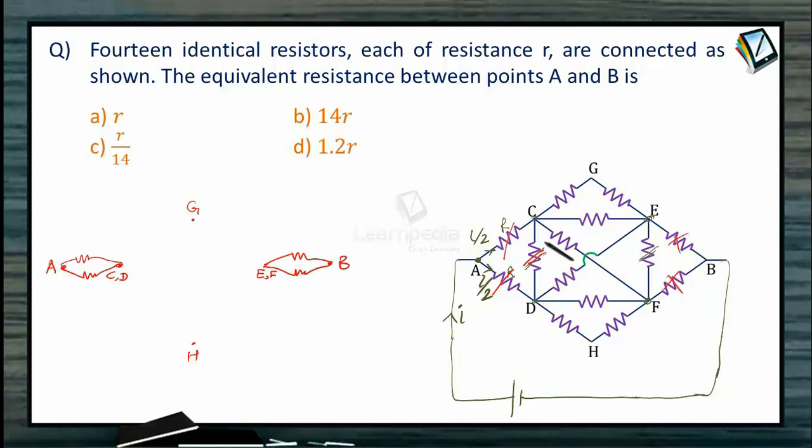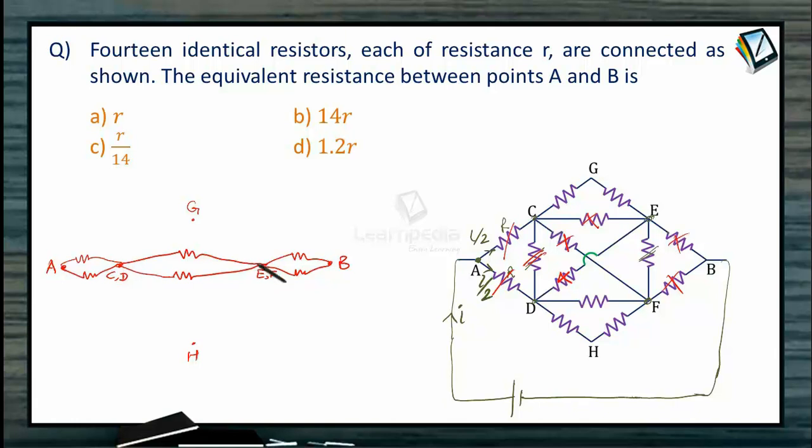Now you can see that this resistance is connected between C and F. C point is here, F point is here. We have considered this. D and E, this particular resistance is connected between D and E. D is here and point E is here. Between C and E, this resistance is connected.